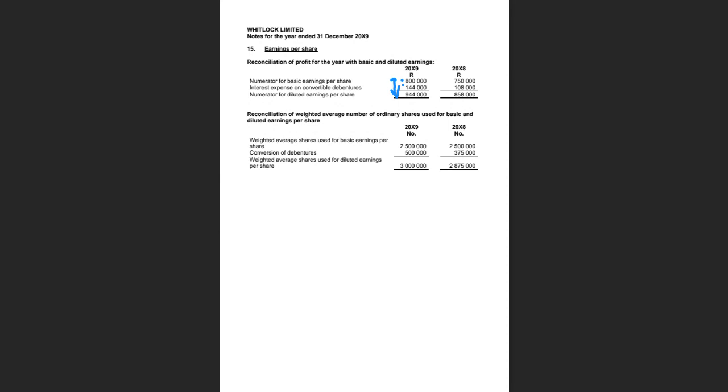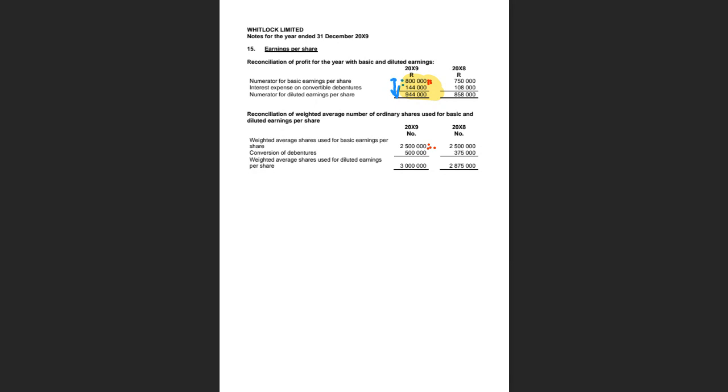So as a rule of thumb, if there aren't any cumulative or non-cumulative preference dividends, you should actually start with basic earnings and just show a reconciliation between those two amounts. The users of financial statements will be able to identify that this 800,000 here is actually the same amount that we find on the income statement. So when we look at the WANOS calculation, we have the WANOS, which is equal to the shares in issue at the beginning of 20X9.